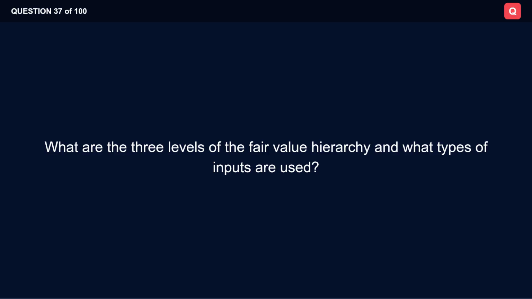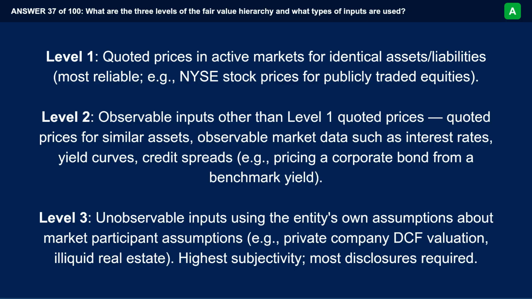What are the 3 levels of the fair value hierarchy, and what types of inputs are used? Level 1: quoted prices in active markets for identical assets or liabilities, most reliable. For example, NYSE stock prices for publicly traded equities. Level 2: observable inputs other than Level 1 quoted prices.